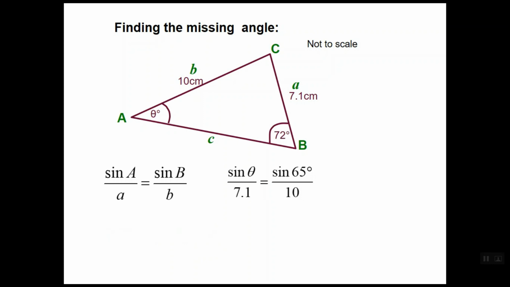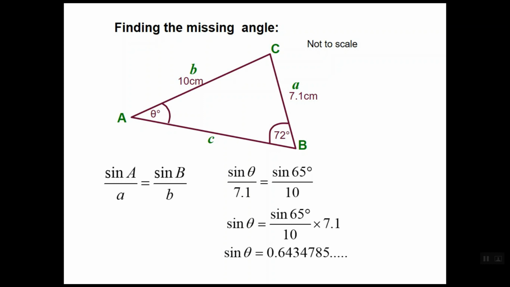Now we multiply both sides of the equation by 7.1. We get sine theta is equal to sine 65 degrees over 10 times 7.1. We input that in our calculator. We should get sine theta is equal to 0.643, and the numbers keep changing.